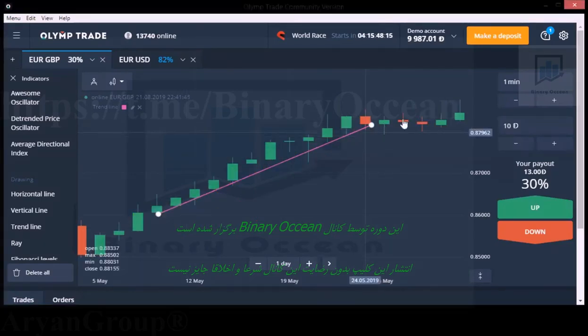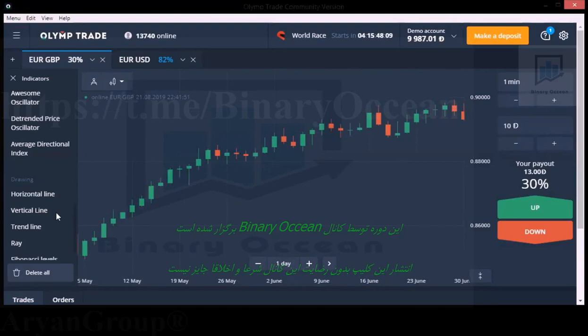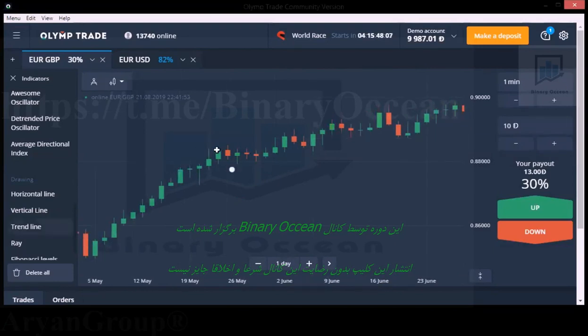Okay, here we are seeing a flat market. Okay, here also we have opportunity. Okay, if you draw this trend line here, then you will get some entry points. These are the entry points here.